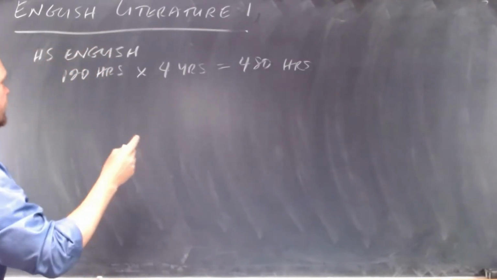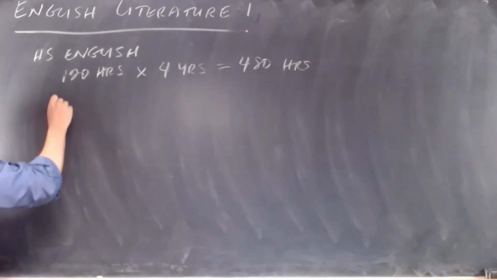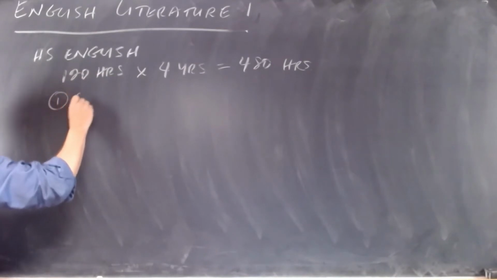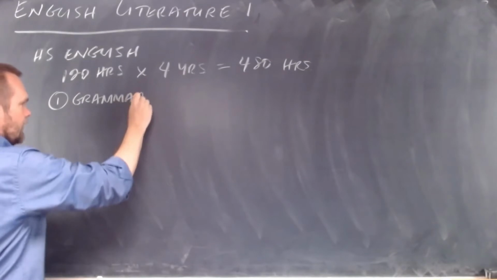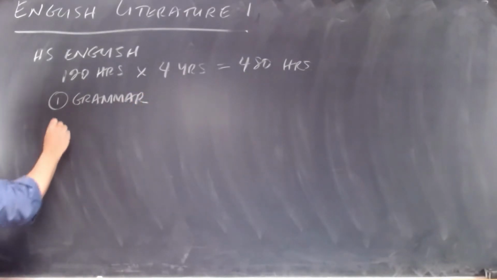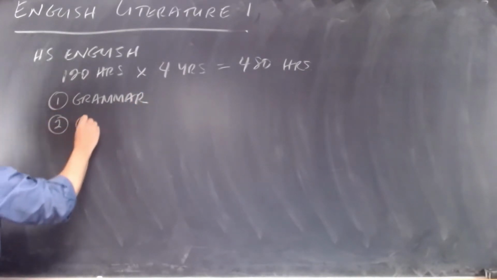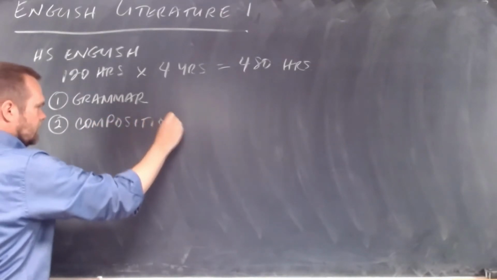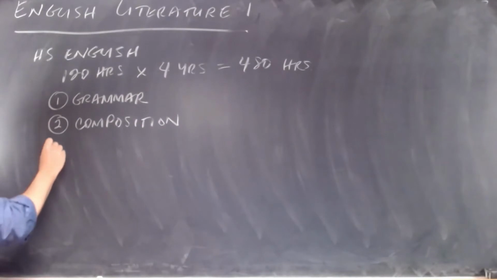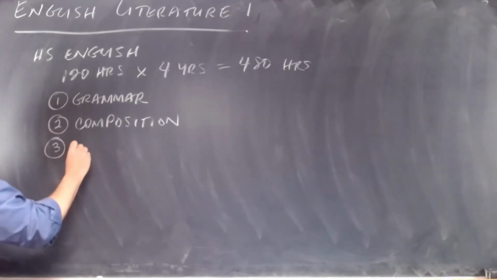And English studies, make sure you jot this down, includes English grammar, which we're going to study in classical grammar. So English grammar, English composition, which is actually the most important part of the study of English, and thirdly, English literature.